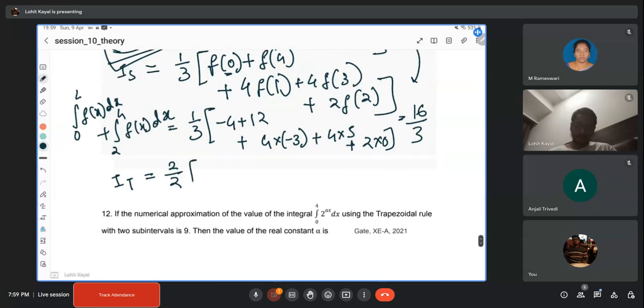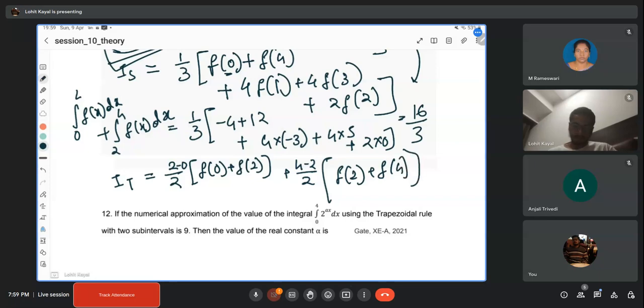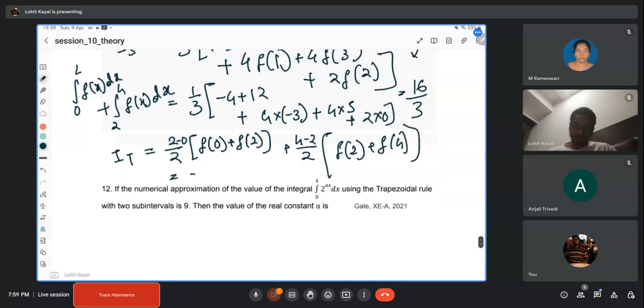So it is equal to 2 by 2 (f(0) plus f(2)) plus again 2 by 2, here it is (2 minus 0) by 2, here it is (4 minus 2) by 2, (f(2) plus f(4)). If you find the result, it will be minus 4 plus 0 plus 0 plus 12 equal to 8.